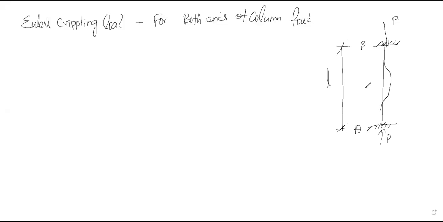The deflection takes place from the support A at a distance of X, which will be equal to Y. Now it has fixed ends, so automatically we can have the fixed end moments M naught. So based on the location, we are going to take it as M naught.